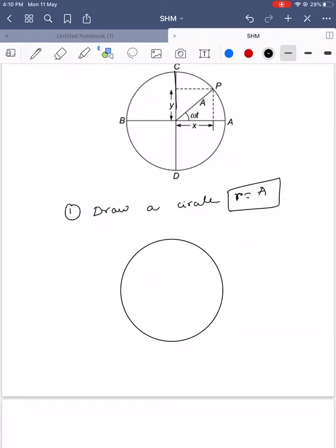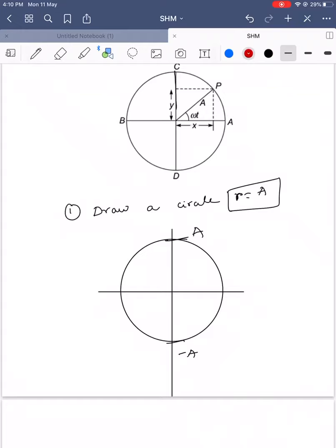So you just see, this is a circle, and its radius is the amplitude. In the y direction, the maximum value is plus a, and the minimum is minus a.